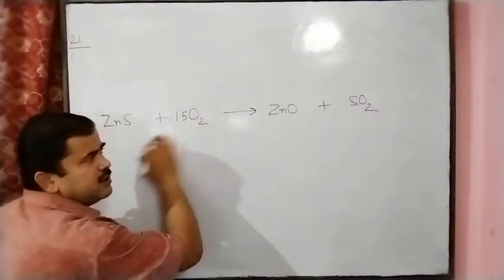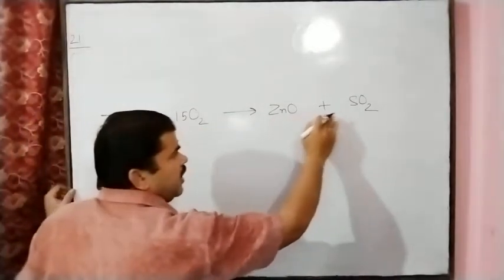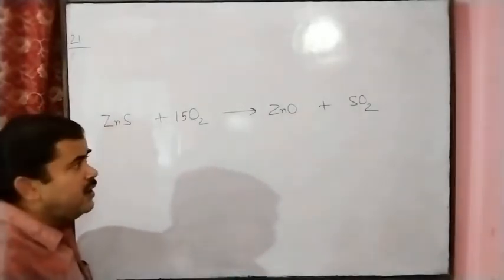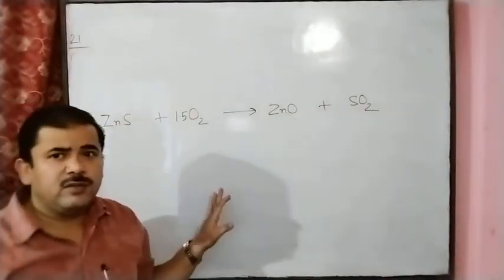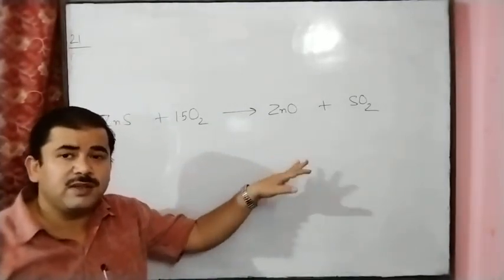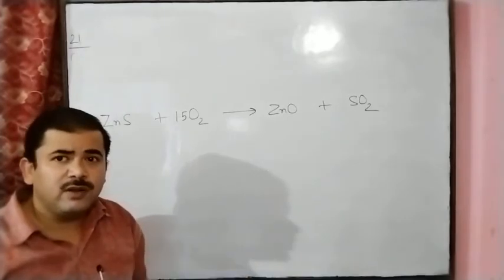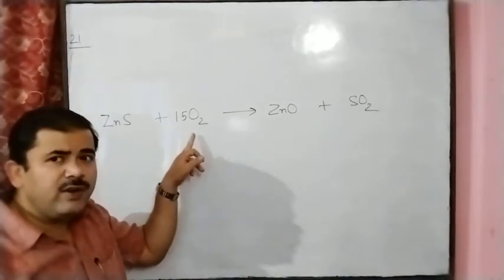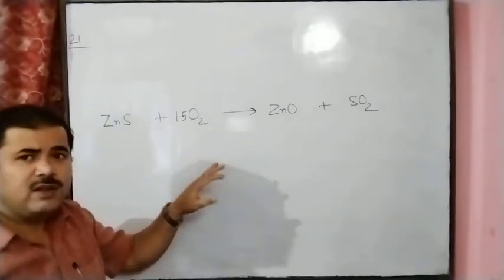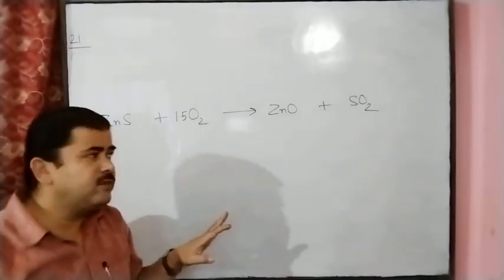So oxygen is 3 on the reactant side and 3 oxygen atoms here as well, balanced. And this is only rough work. Do not write this equation in the fair copy, because this is wrong: here we are using a decimal value, a fraction. Do not take this. The number should be a whole number.